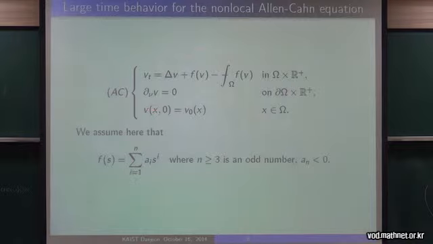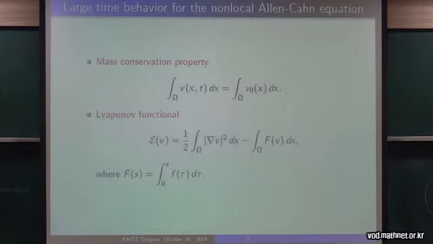So we have V t equals Laplacian V plus f of V minus average of f of V. Again, Neumann boundary conditions and some prescribed initial condition. And here we have worked with slightly different assumptions. We suppose that f has the form of a polynomial of degree n, with n at least equal to 3, being an odd number, and the leading coefficient a n strictly negative.